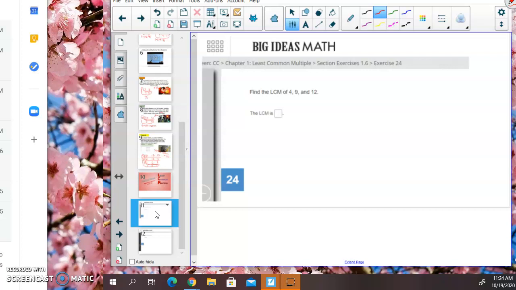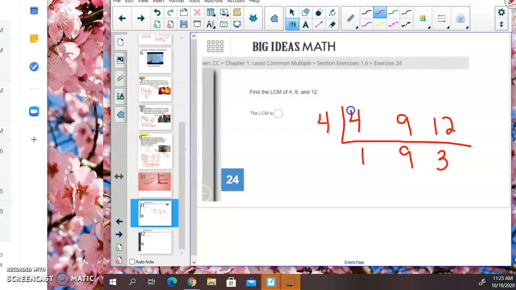It says, find the least common multiple of 4, 9, and 12. Well, 3 numbers. I want to see if there's a number I can divide out of at least 2 of them. And I see I could divide a 4 out of 2 of them. So that's going to give me 1. Doesn't work with 9, so I'll just keep 9. And 12 divided by 4 would leave me with 3.